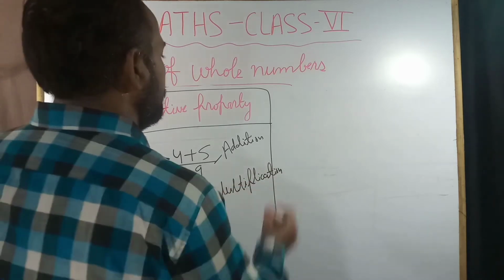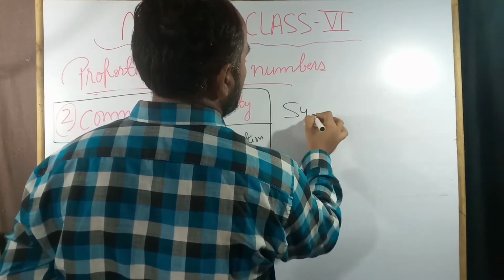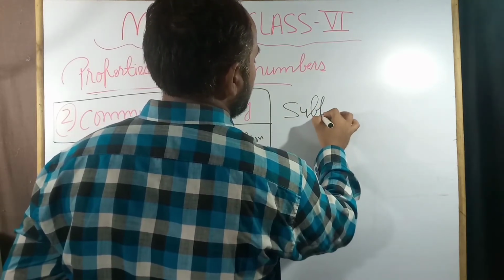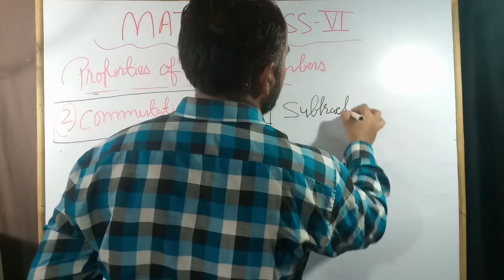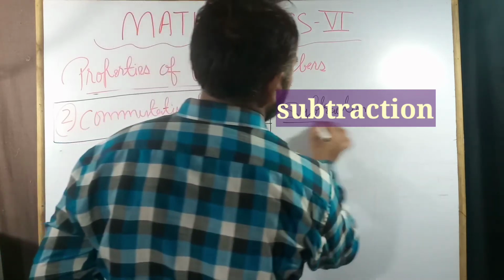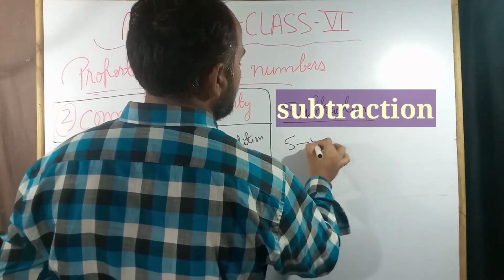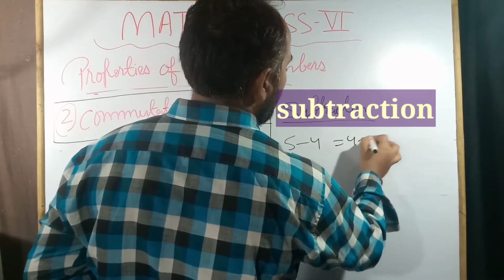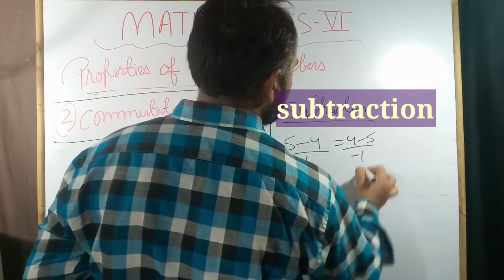But in the case of subtraction, for example, 5 minus 4 and 4 minus 5 are not equal, because here the answer is 1 and here the answer is minus 1.